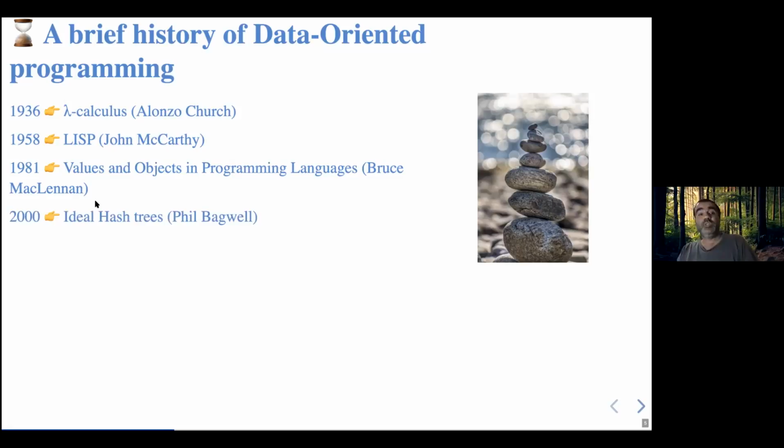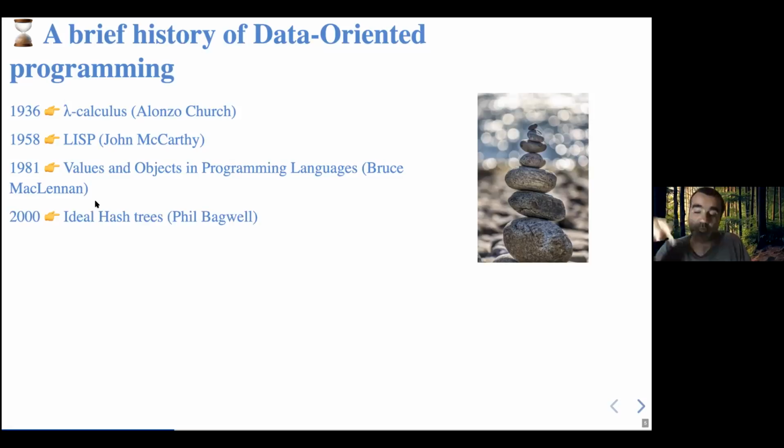In 2000, there was a breakthrough in academia. Phil Bagwell invented a data structure called ideal hash trees, or HAMT, that made it possible, 7 years later, when Rich Hickey invented Clojure, to have efficient persistent data structures.